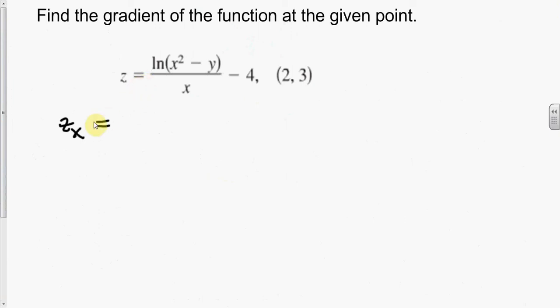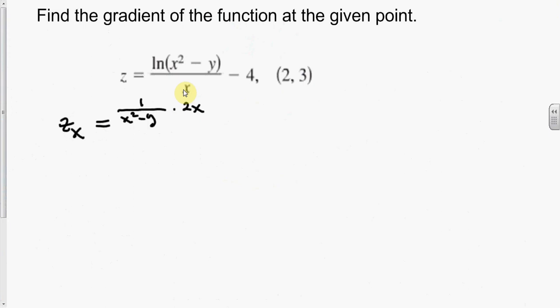So we take the derivative of z with respect to x. That top guy, the derivative of the natural log is 1 over the term times the derivative of x squared minus y with respect to x. That's 2x.